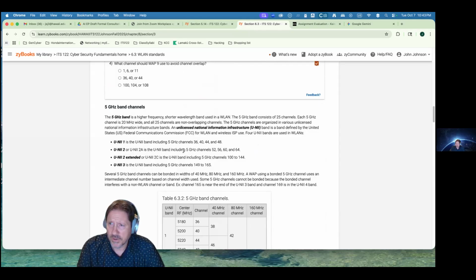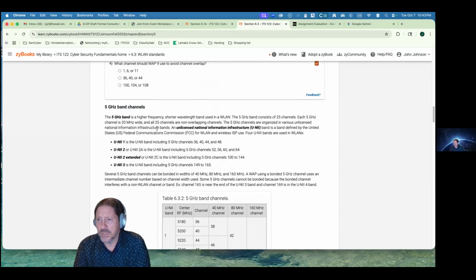Then we've got the 5 gigahertz band channels. Those are going to be 20 megahertz wide. So yeah, 20 megahertz, 25 channels. You've got U-NII 1, U-NII 2, U-NII 2 extended, and U-NII 3. And you'll need to remember those numbers are in 4 parts, so 36, 40, 44, and 48.